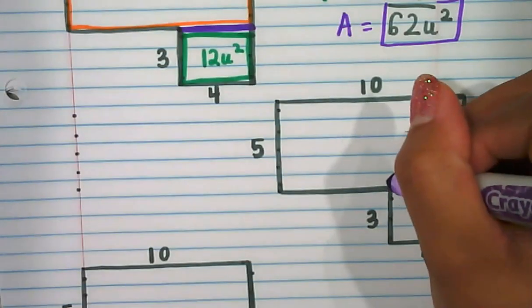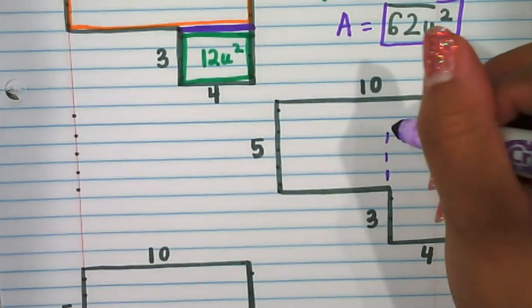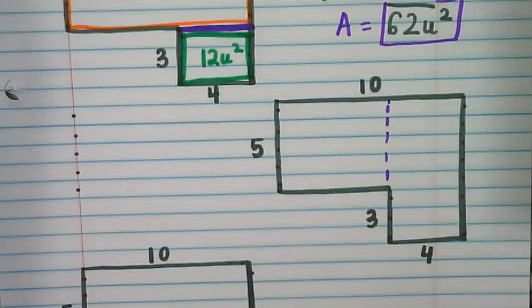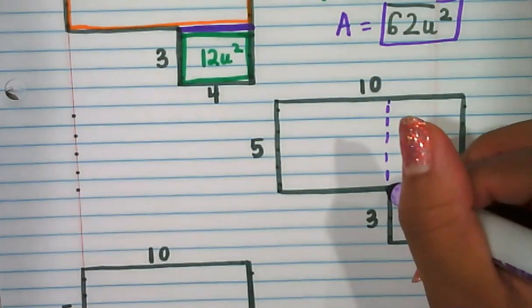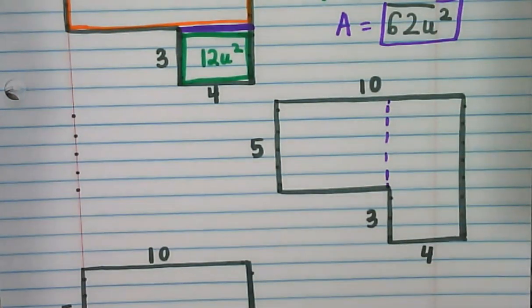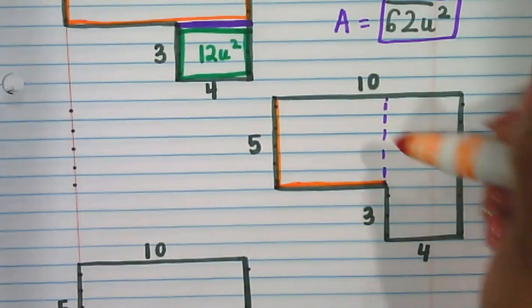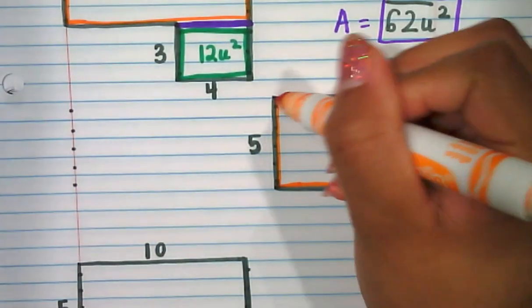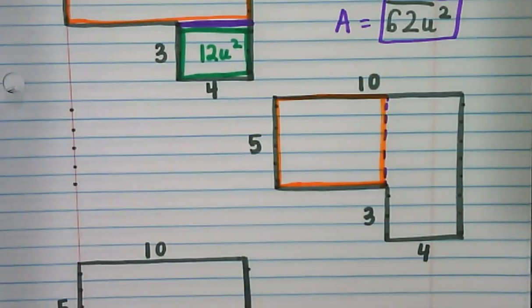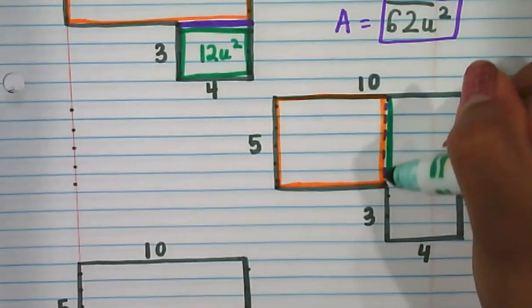Some of you might have noticed that we could split it this way. So if we split it that way, we have some of the measurements we need. So let me go ahead and emphasize the two shapes we're looking at. So we have one rectangle here, and we have another one here.